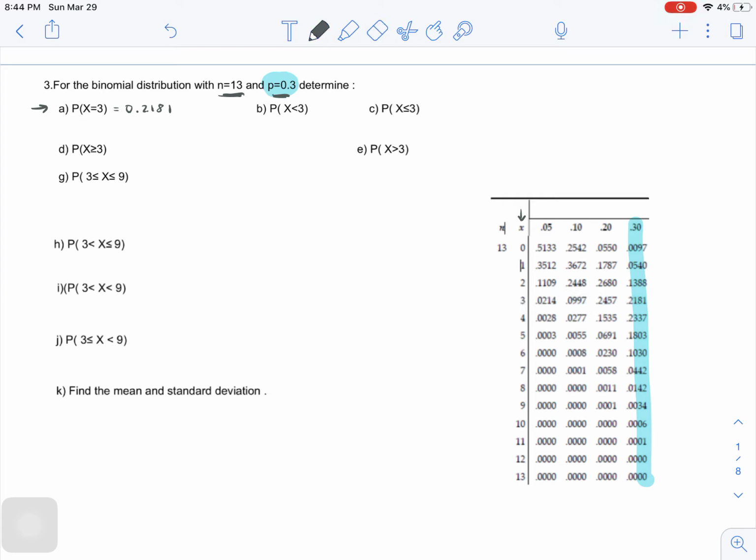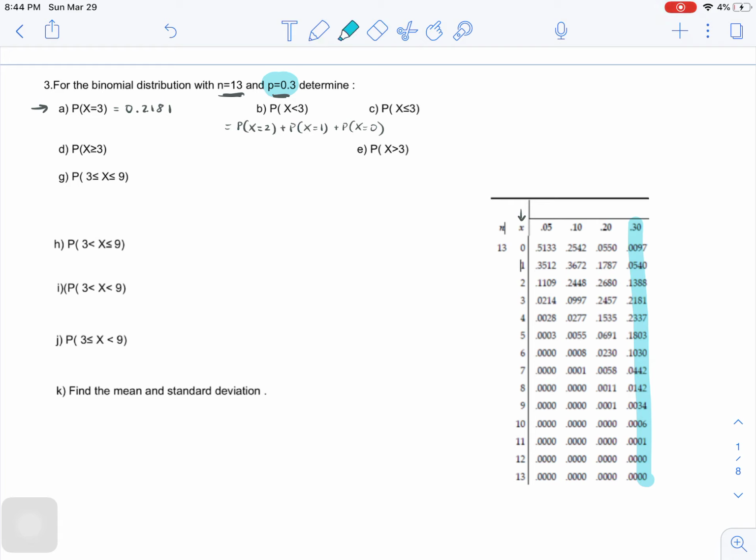Part B asks me, what's the probability that x is less than 3, strictly less than 3? So now I want to add up some certain probabilities. I want to add up the probability that x is 2 plus the probability that x is 1 plus the probability that x is 0, because those all correspond to x being strictly less than 3.